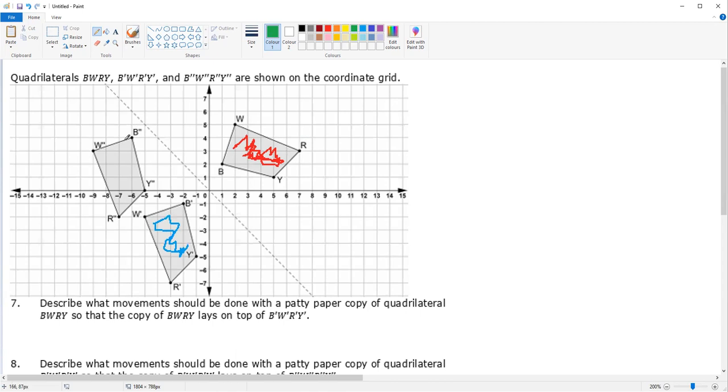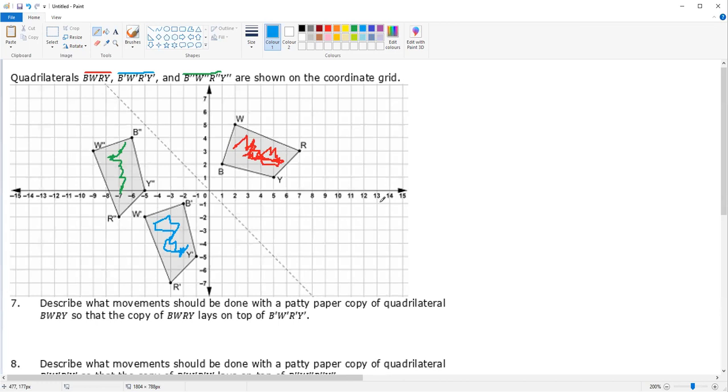And green, my third one. So green, red, and blue. Here's shown on my grid: first, second, third. Original, first transformation, second transformation.